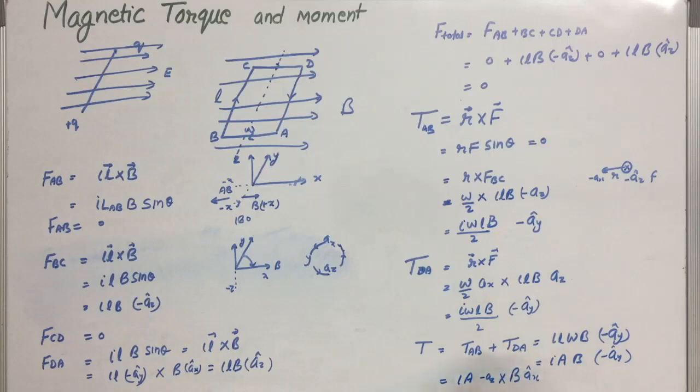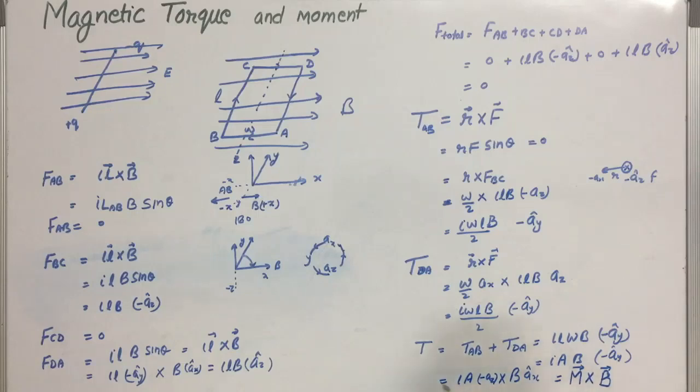Its multiplication will give us IAB, and AZ cross AX will give us AY, and the minus will be there, so it will be equal to this. There will be no change at all. And what is this? This is nothing but the magnetic dipole moment. So this is known as M cross B.